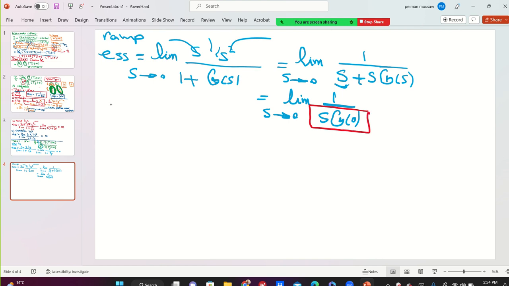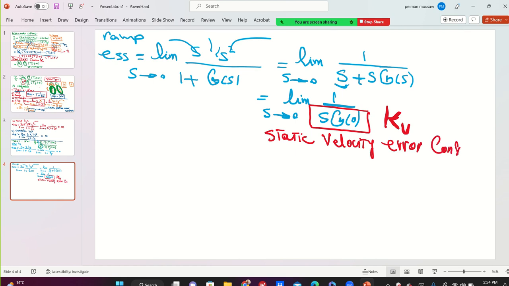The name of this that you're going to see in the lead lag compensator, Kv, means static velocity error constant. So for the ramp and system type 1, ESS is 1 over Kv.